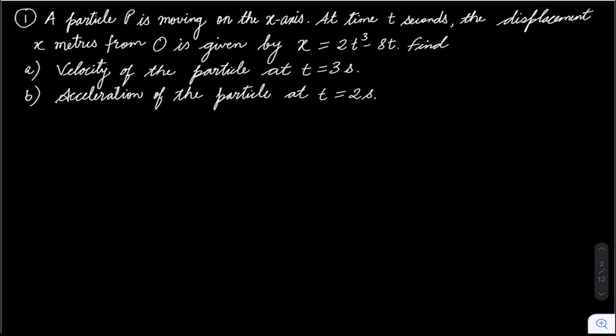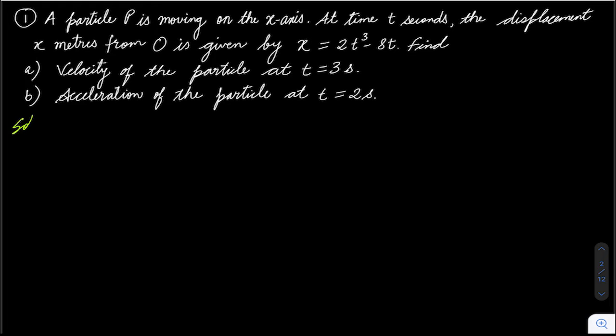First question: a particle P is moving on the x-axis. At time t, the displacement x meters from O is given by x equals 2t cubed minus 8t. Find the velocity of the particle at 3 seconds.